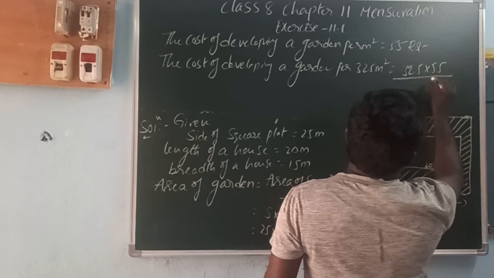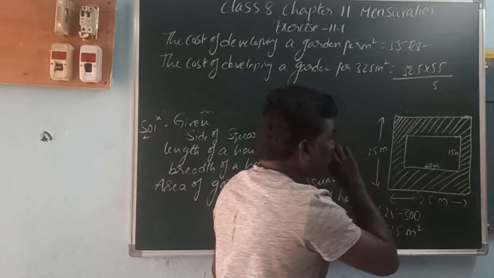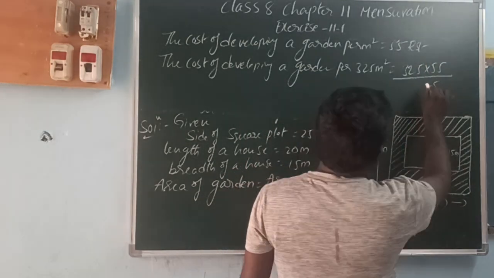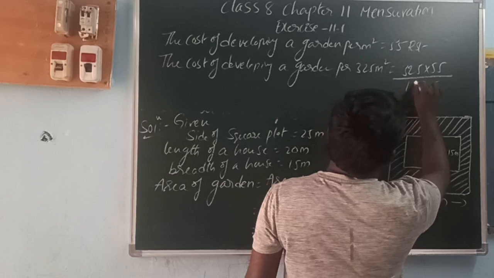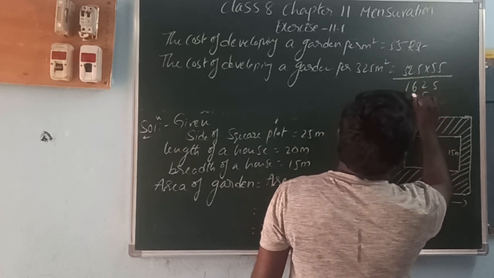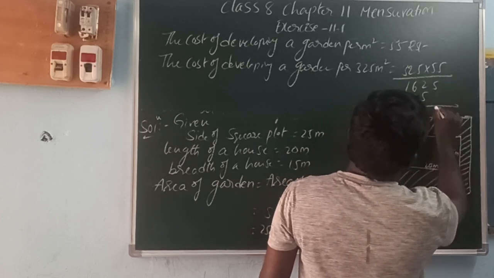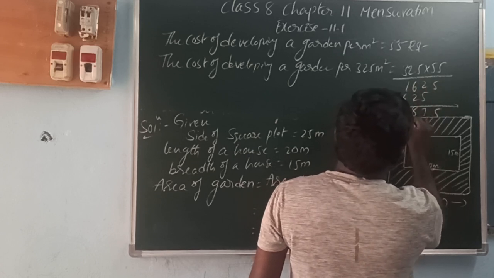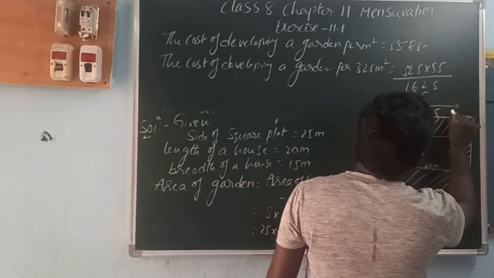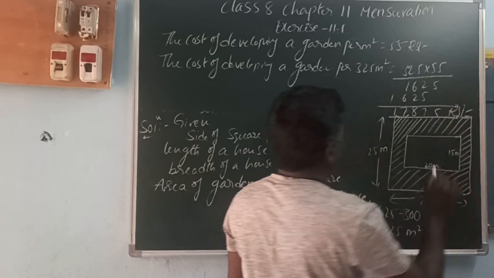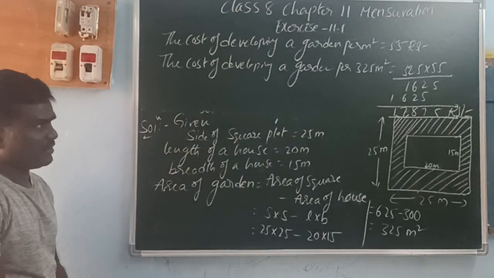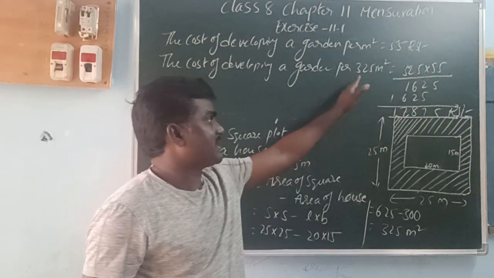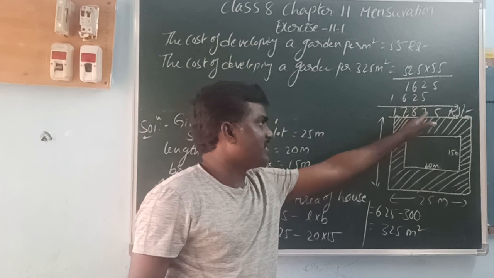So 5 5s are 25, 5 2s are 10, 10 plus 2 is 12, 5 3s are 15 plus 1 is 16, and so on. So how much cost? 17,875 rupees. The cost of developing a garden for 325 meter square is 17,875 rupees.